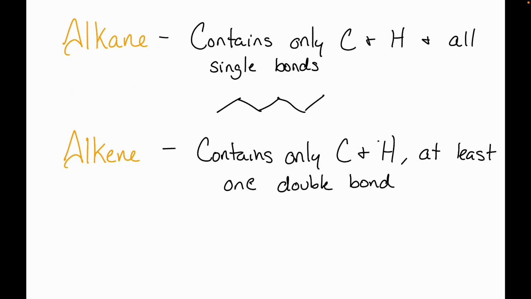If there's at least one carbon-carbon double bond in there, we would call it an alkene. Wait, did I mess that up? If it has all single bonds, it's an alkane. If it has a carbon-carbon double bond, it's an alkene. So an example would be if I take those same 6 carbons, but now throw a double bond in there.